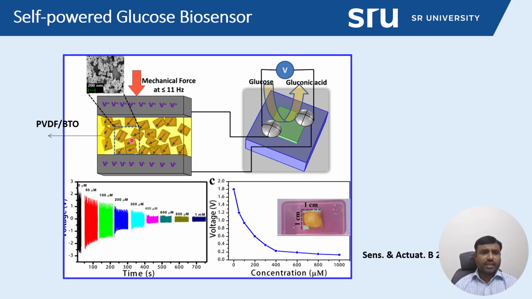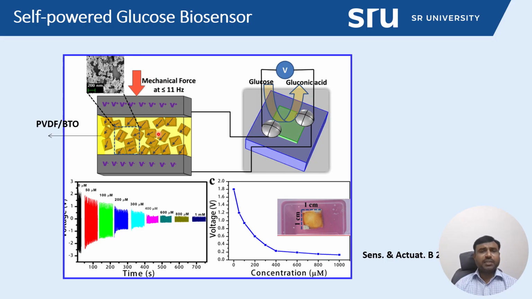devices. For example, here between the two conducting substrates, they have developed a PVDF and PTO material. Both are piezoelectric materials, so when applying a mechanical force, they can produce some voltage.